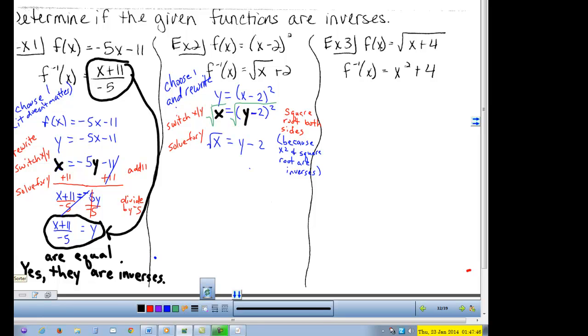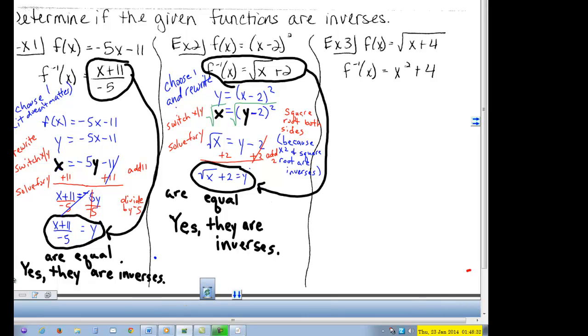That results in the square root of x is equal to y minus 2. Now I add 2 to both sides, giving me y equals the square root of x plus 2. Since these two are equal, yes, they are inverses.